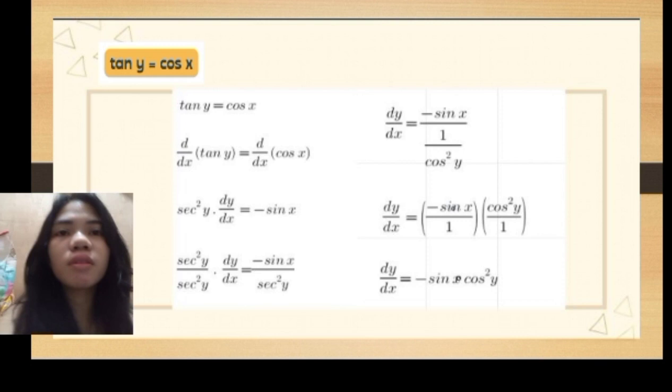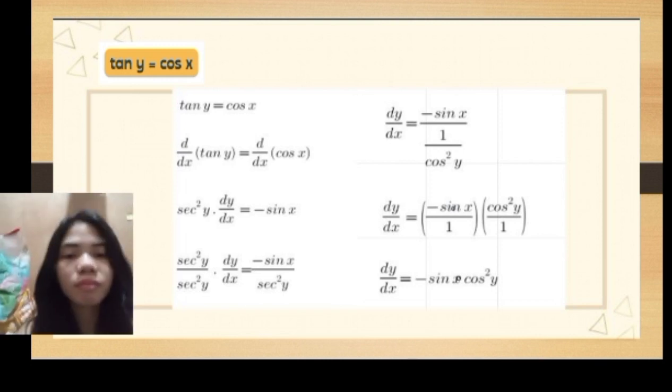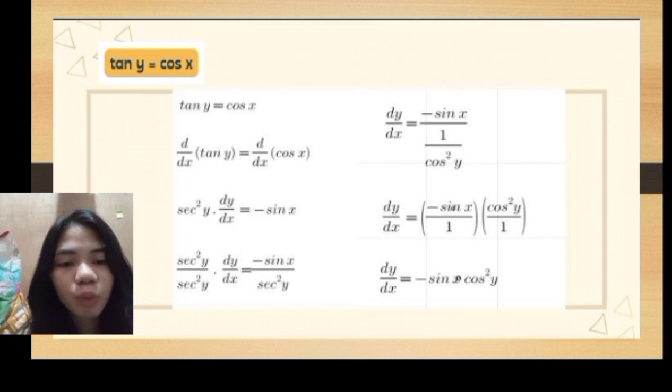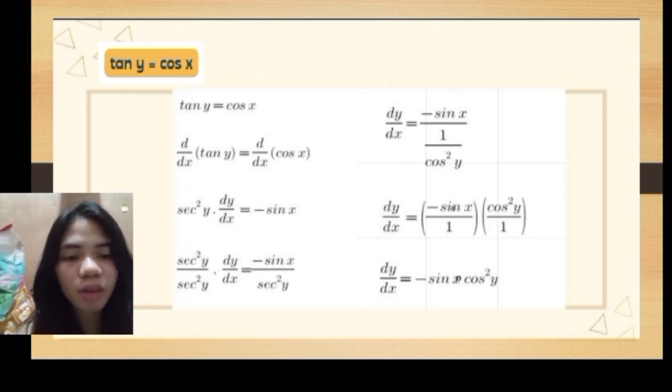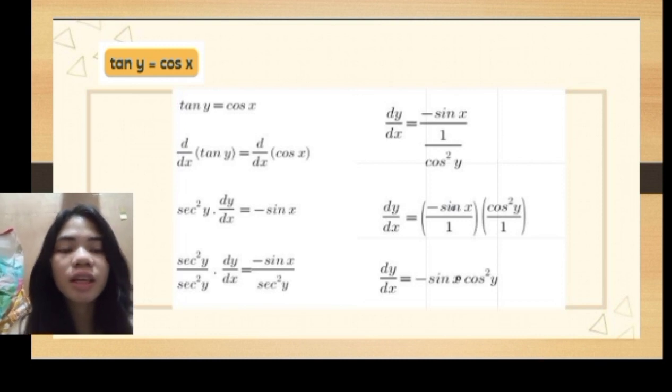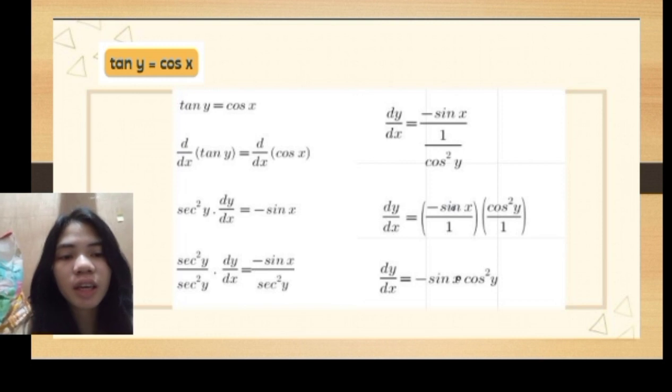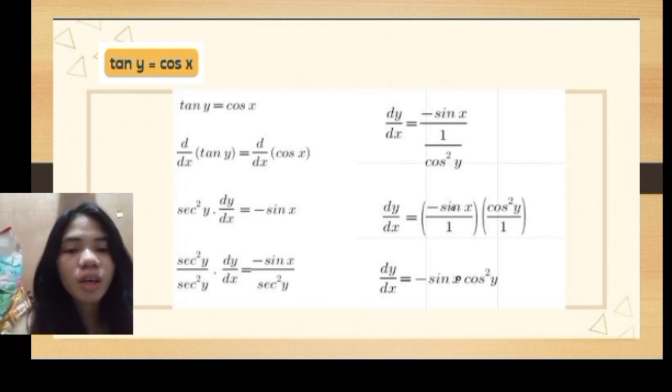So divide both sides of the equation by secant squared y to isolate dy over dx. So secant squared y over secant squared y times dy over dx equals negative sine x over secant squared y.